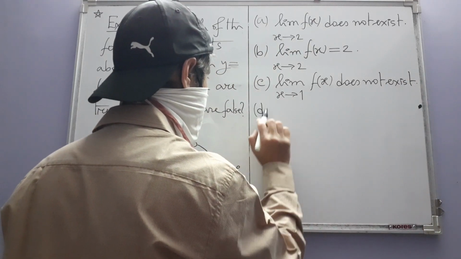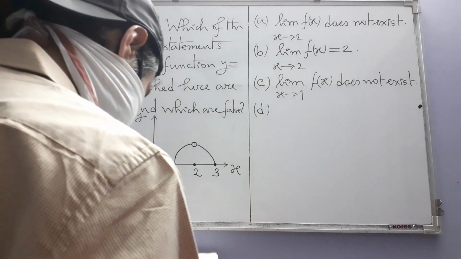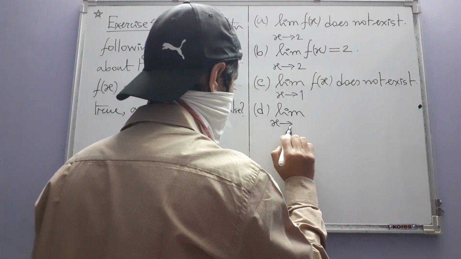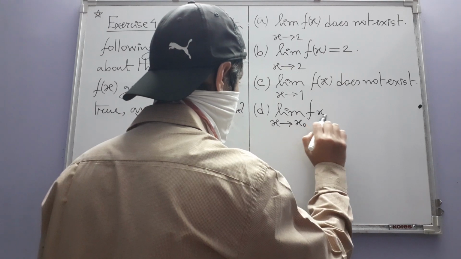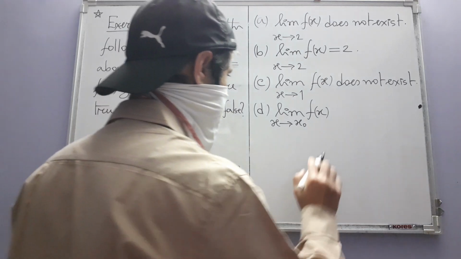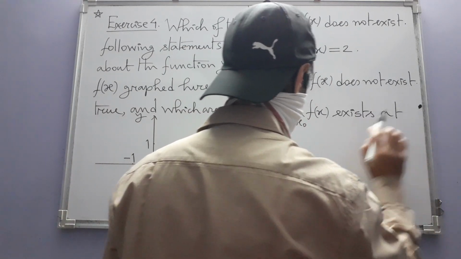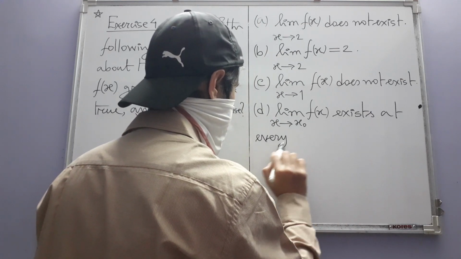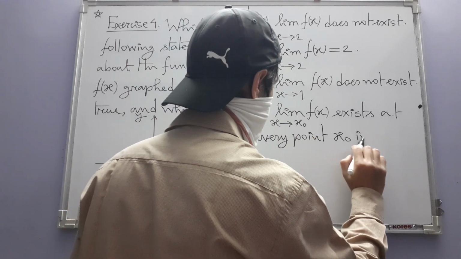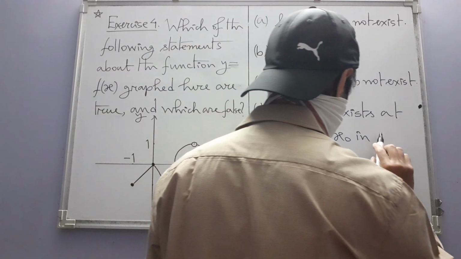Then D: the limit of the function as x approaches x naught exists at every point x naught in some interval -1, 1.